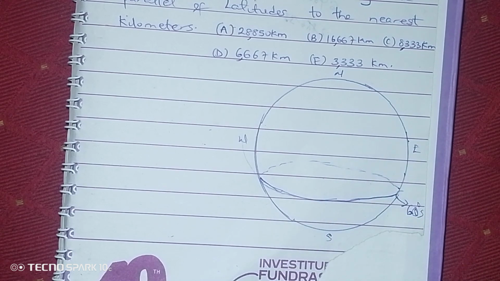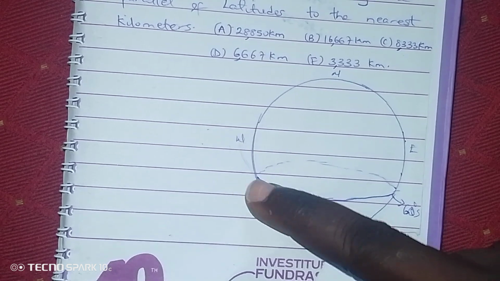Remember, the only great circle on latitude is the equator. So every other latitudes are small circles. So 60 degrees south is located here.